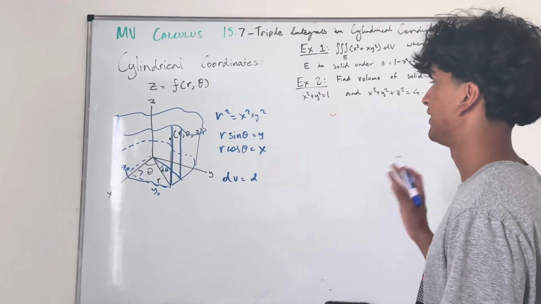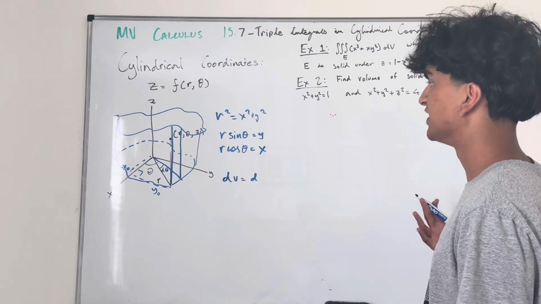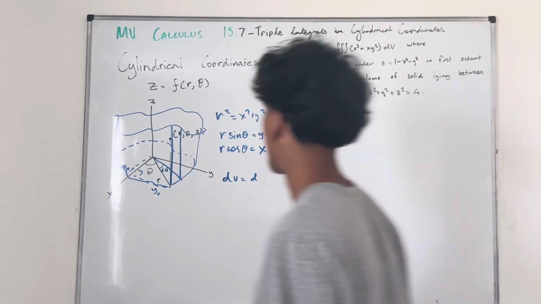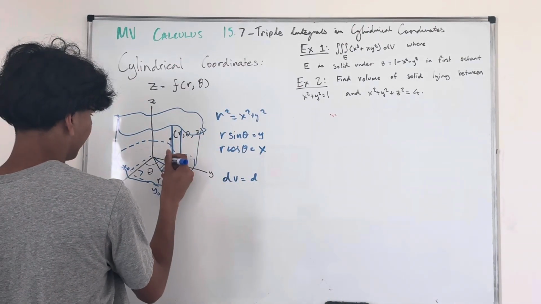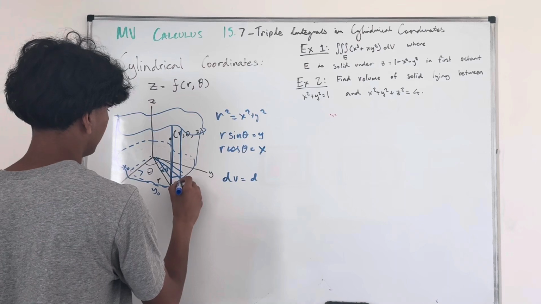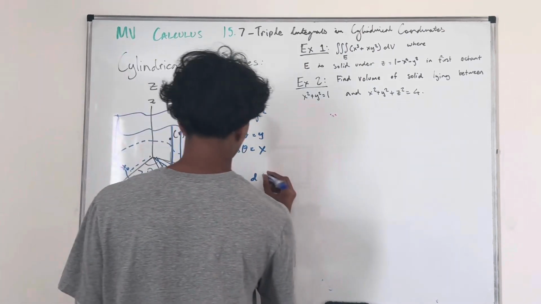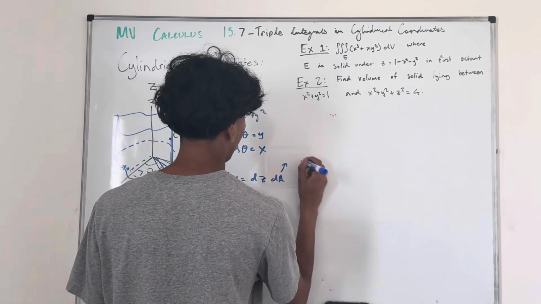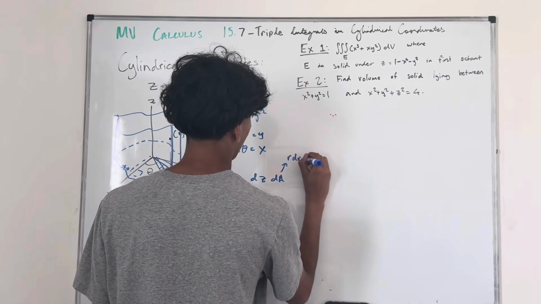Oh, okay, I see. This isn't really a flat slice; you would have to take a very small section here with a height dz. So I would get dz times the dA, and we know dA is just r dr d theta.